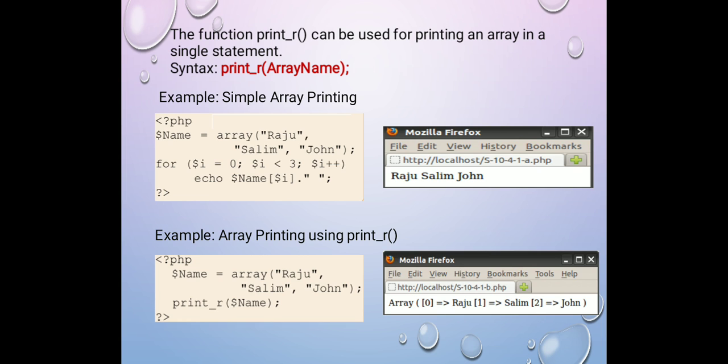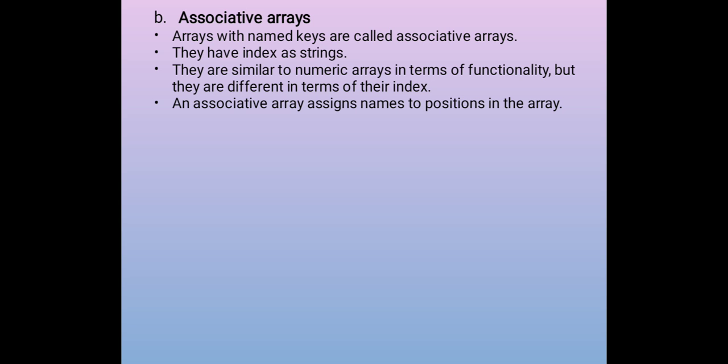And the next is associative array. Arrays with named keys are called associative arrays. Associative arrays are very similar to numeric arrays in terms of functionality, but they are different in terms of their index values.